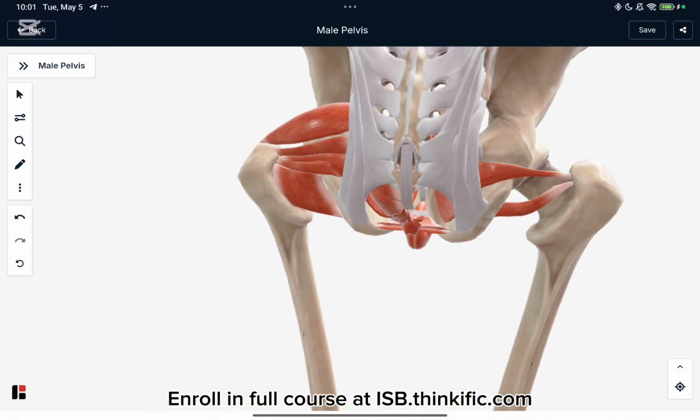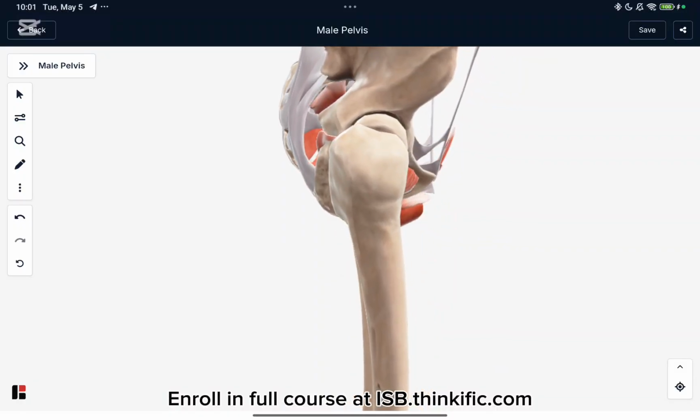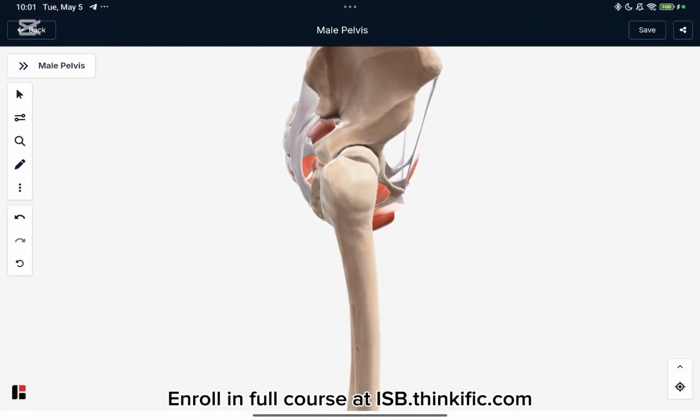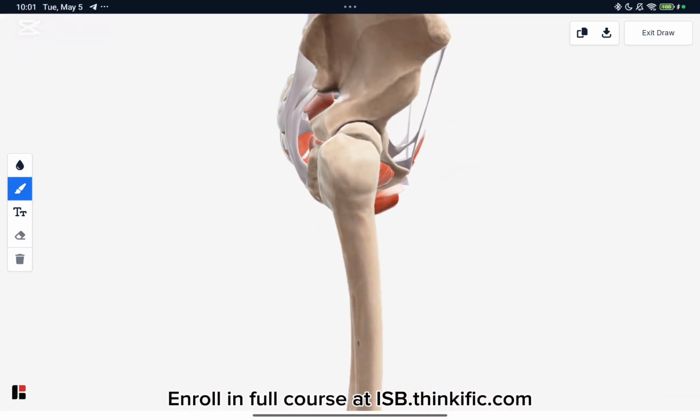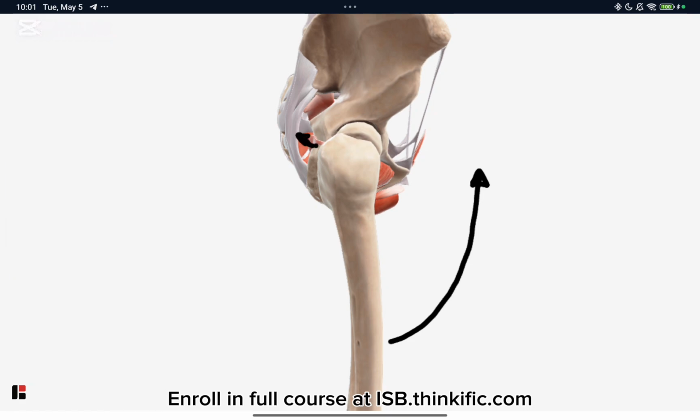But when the hip joint is flexed, let's see lateral view. Imagine with me that this femur moves into this flexed position. If the obturator internus muscle tugs on it in this direction, actually it will tilt out. The femur tilts out.